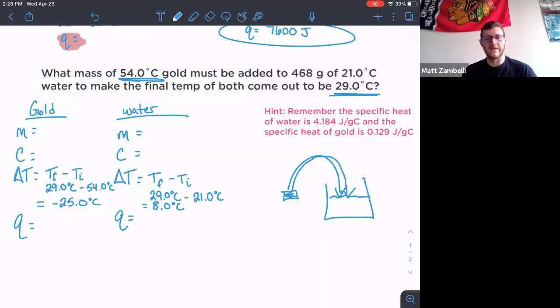Do we know any other information? Do we know M's? Do we know C's? Do we know Q's? Do we have anything else? We have the mass. Okay, what mass do we know? Do we know the mass of gold or the mass of water?